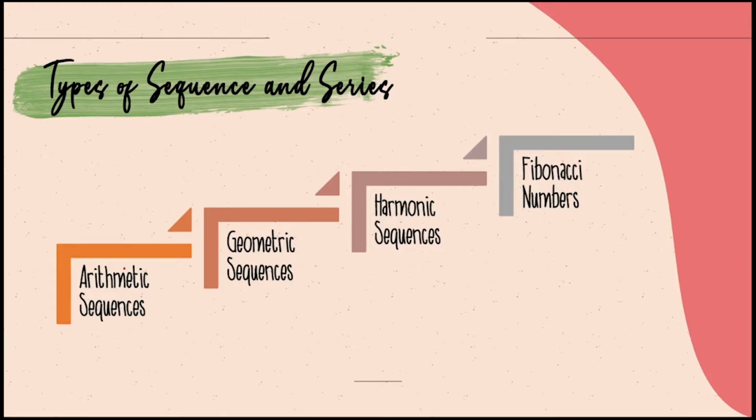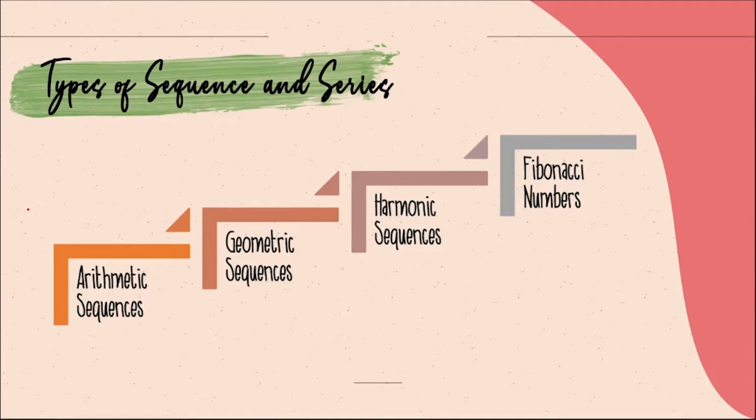For example, just like this: 3, 6, 9, 12, and etc. These are called arithmetic sequences.